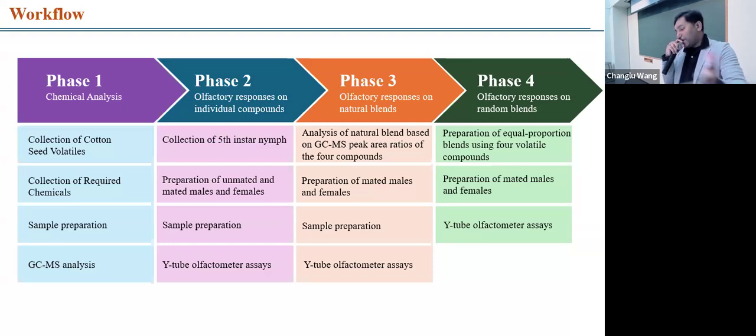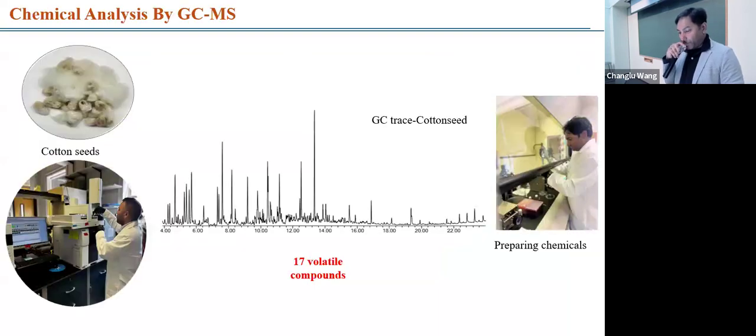In the next stage, we made a natural blend using the individual compounds which were active for cotton seed bugs, and later we used different other blends to test whether any additional blend can work for these cotton seed bugs.